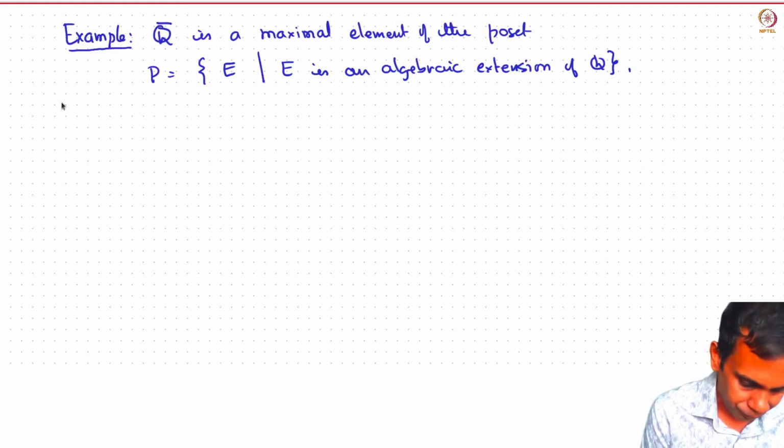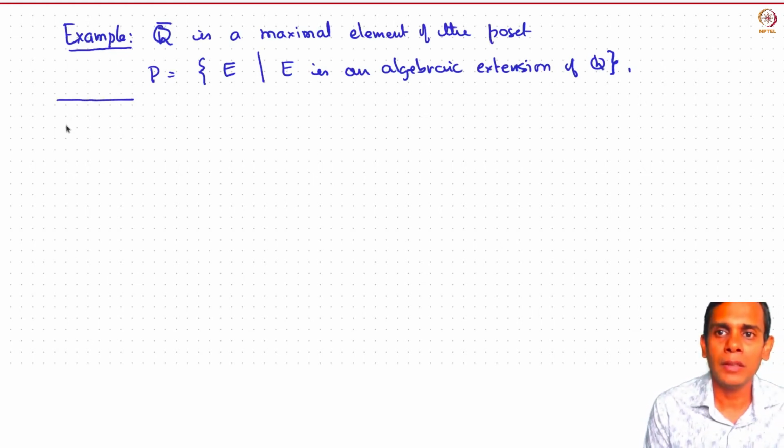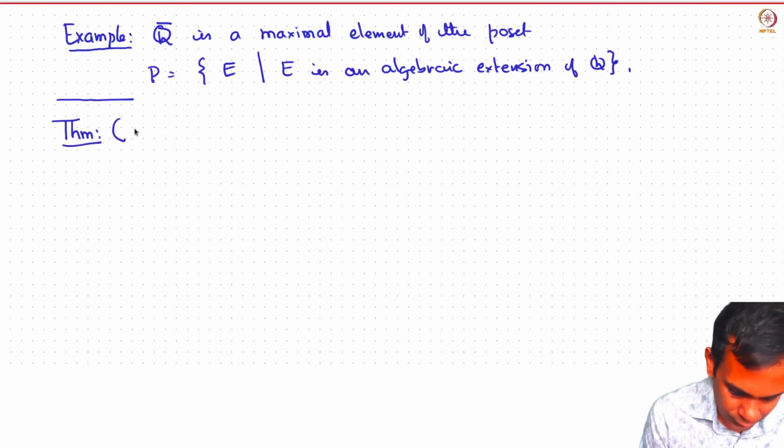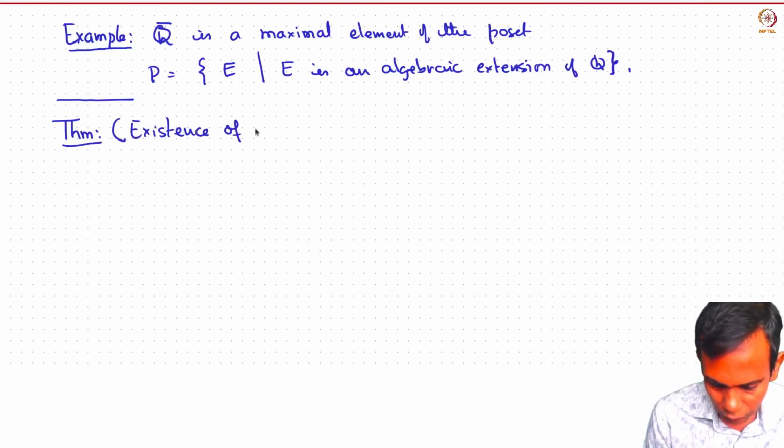So now we can come to the statement of the theorem which says that every field admits an algebraic closure. The theorem states that, so this is the existence of algebraic closures, the main theorem of this lecture.